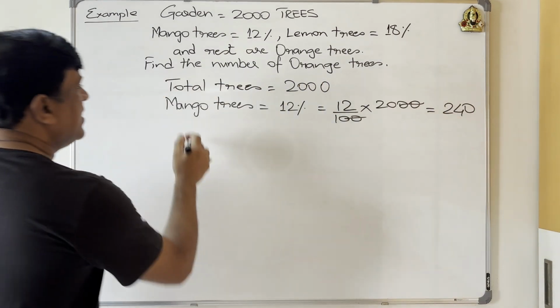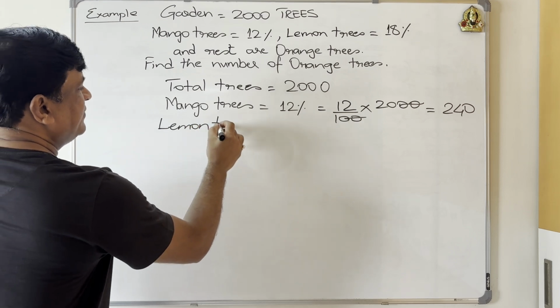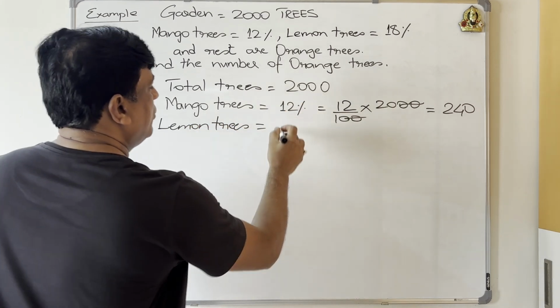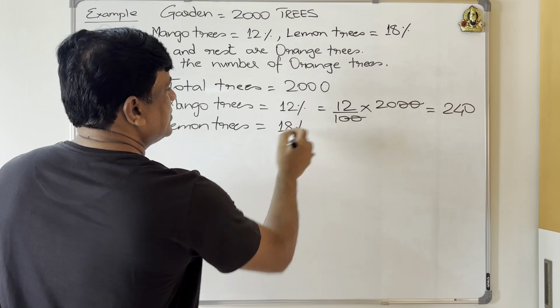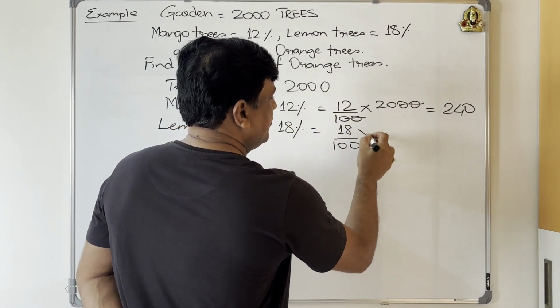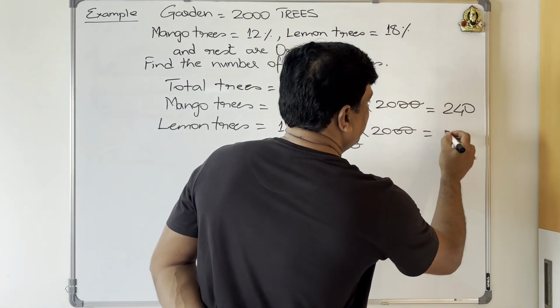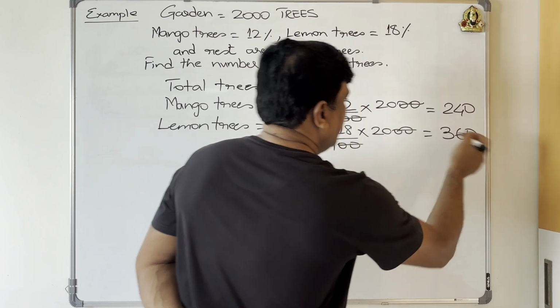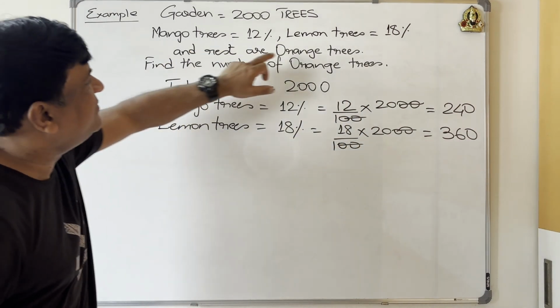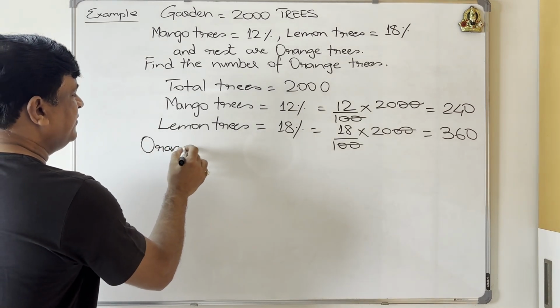Let it be there. Now the next one, lemon trees. Lemon trees is equal to 18%, which is nothing but 18 by 100 into 2000. These two get cancelled. You have 360 lemon trees, and now they are saying that the rest are orange trees. How can I calculate orange trees?